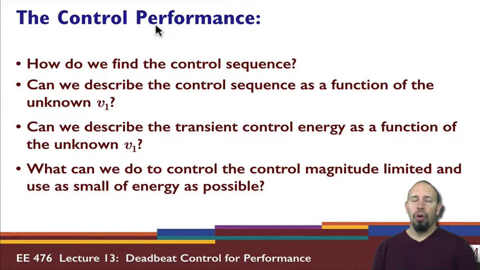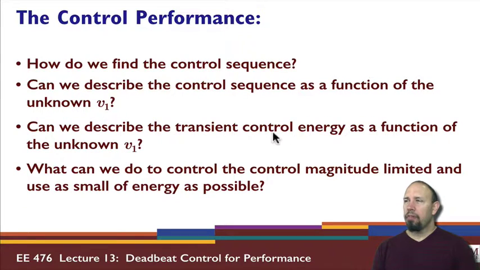All right, so suppose we have a performance program. How do we find the control sequence that solves that control program? And in particular, can we describe the control sequence as a function of the unknown? Remember, V1 was the unknown or a free parameter in our Diophantine equation. How does the control sequence relate to V1?